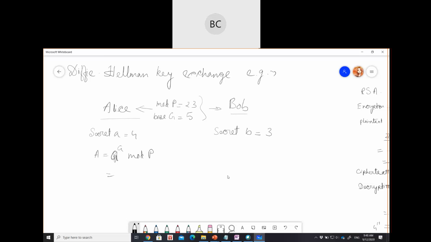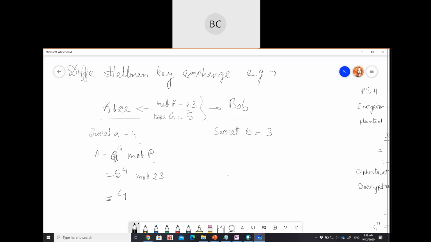G is 5. And what is A? A is 4 here. So it's 5 power 4 mod P, where P is 23. If you calculate this value, can you calculate? Just use your calculator. Okay, I'll just give the answer. It's 4.